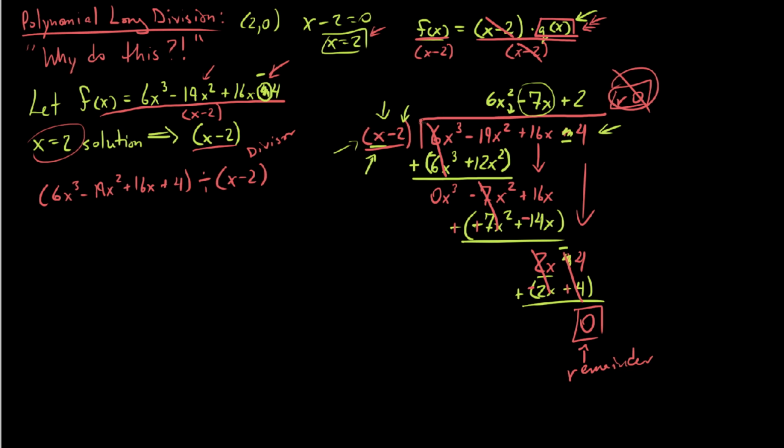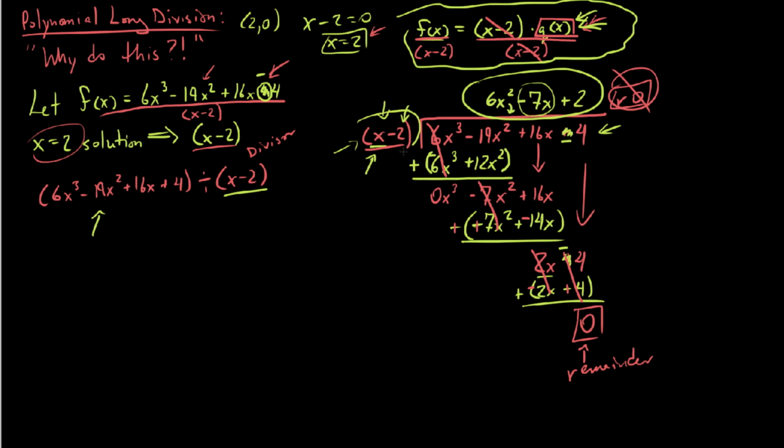So let's talk about the implications of what we just found. We know that x minus 2 being a factor went into this evenly. We also know, looking back up here, that x minus 2 times this leftover that we just found gives us the original polynomial. So in other words, this right here times this right here should get us back to this original polynomial.